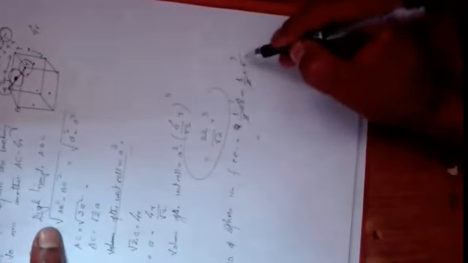There are 8 corner atoms, so from here you'll get one. Each atom that is present at the face is shared by two unit cells. There are six faces, so from here you'll get how much? 3. So 1 plus 3 will be equal to 4. Altogether, there are 4 spheres in an FCC, isn't it?